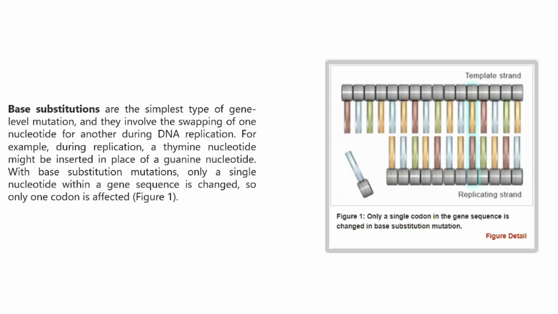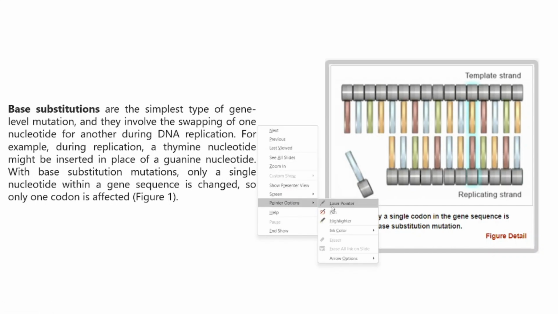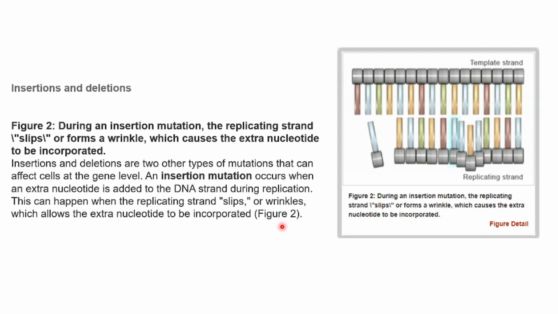So only one codon is affected, as we can see from the sketch over here. So base substitution is the basic kind of mutation. Then we can come to insertion and deletion.